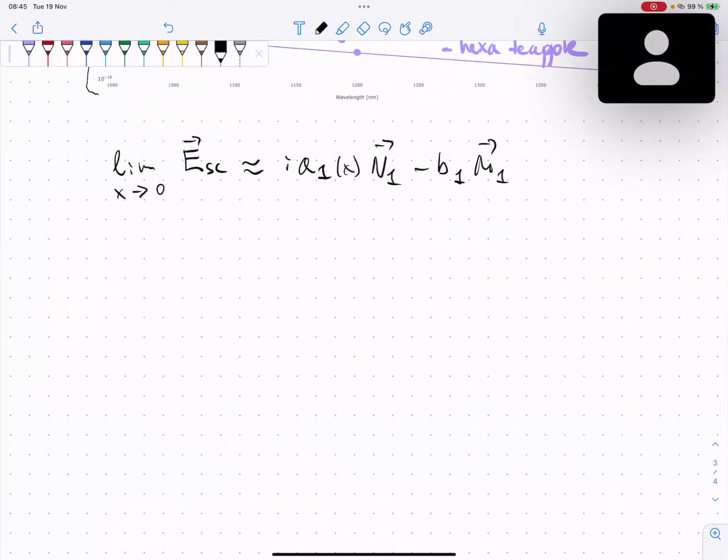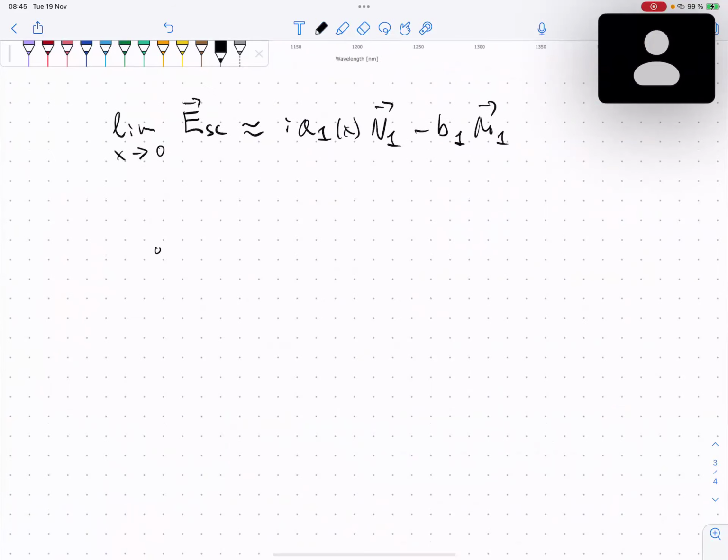As I told you before, the particle is so small that we can consider it just as a dipole, with some dipole moment d. And we have a plane wave. Once again, we have here a k vector, and we have some electric field going like this.